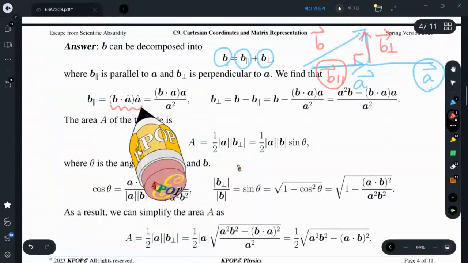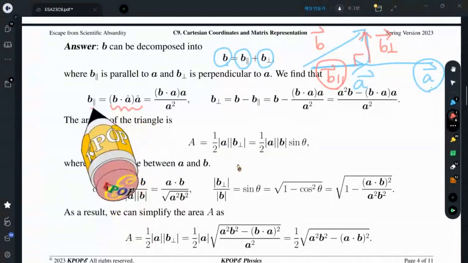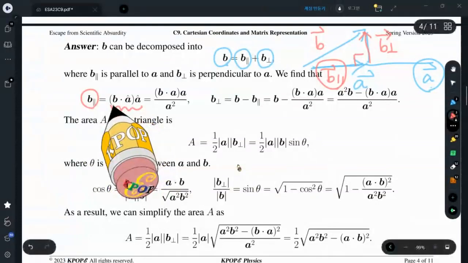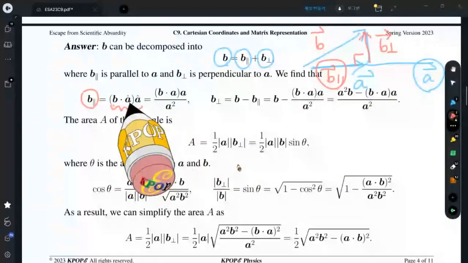So the parallel component can be read out by making use of the completeness relation in one dimension. So B parallel is identical to its Cartesian component times the unit vector along the A direction.